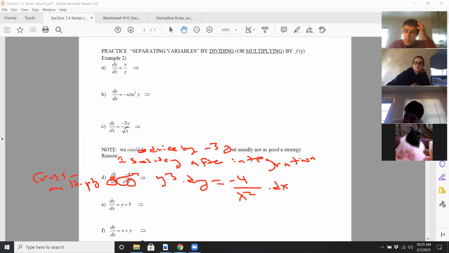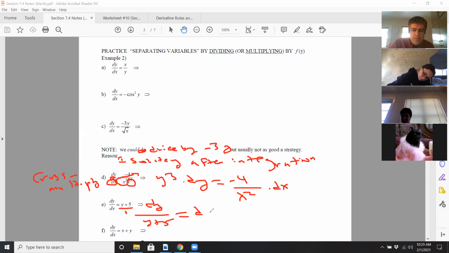So that would make it easier to do the integration afterwards. Here, it looks kind of weird, but you can actually do this. I think this is y plus 5 over 1. So you could do dy over y plus 5 just equals dx. And then when you have 1 over y plus 5, you can do a natural log when you integrate it.